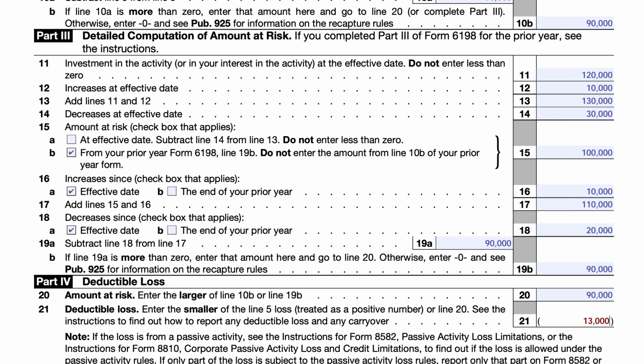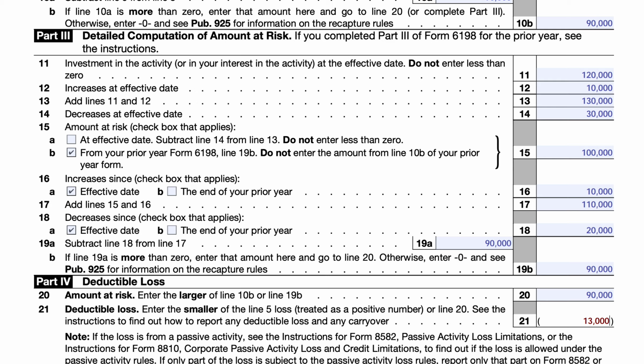You would have to limit the amount of your deductible loss on line 20, subject to other limitations.